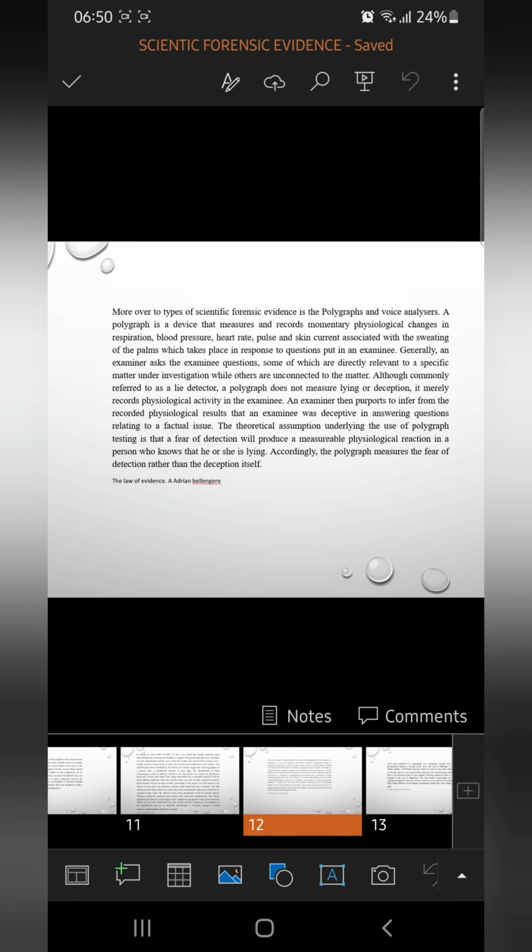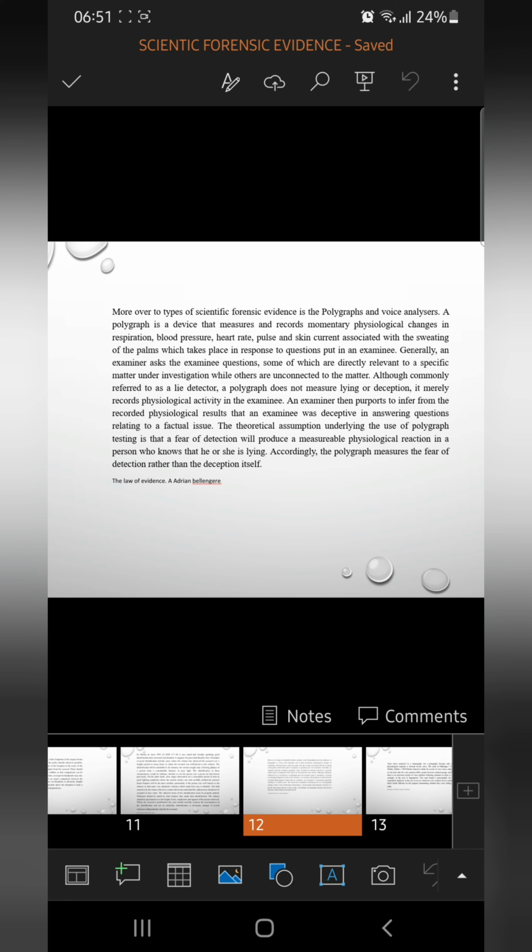Another type of scientific forensic evidence is the polygraph and voice analyzers. A polygraph is a device that measures and records momentary physiological changes in respiration, blood pressure, heart rate, pulse, and skin current associated with the sweating of palms, which take place in response to questions put by an examiner.